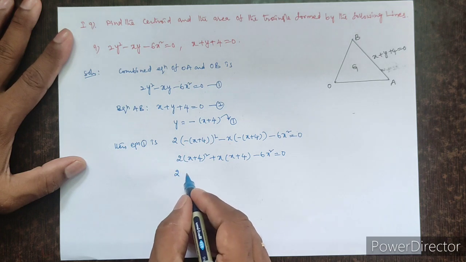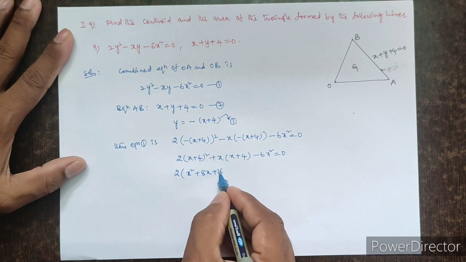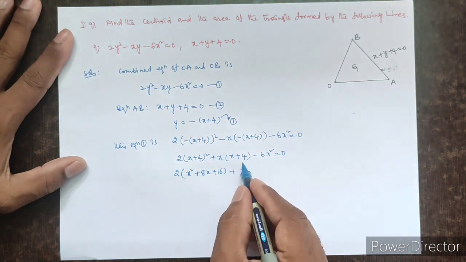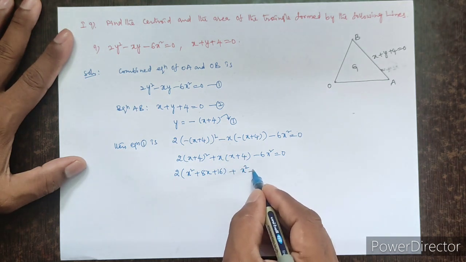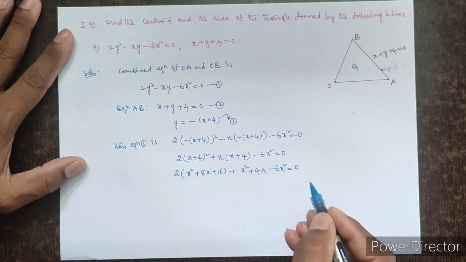x plus 4 whole square is nothing but a plus b whole square: x square plus 8x plus 16. This is x multiplied with x plus 4: x square plus 4x, minus 6x square equal to 0.